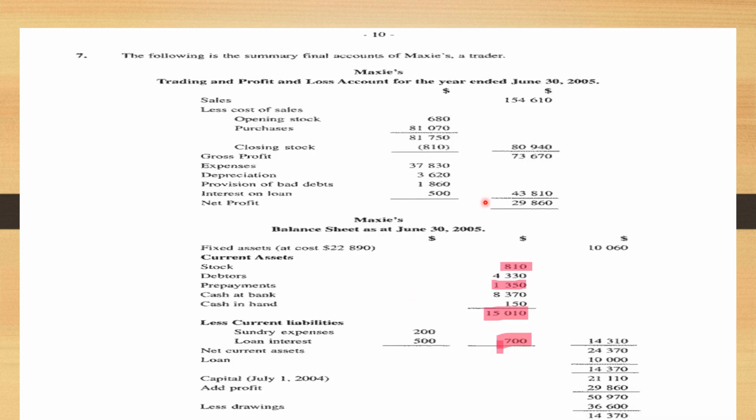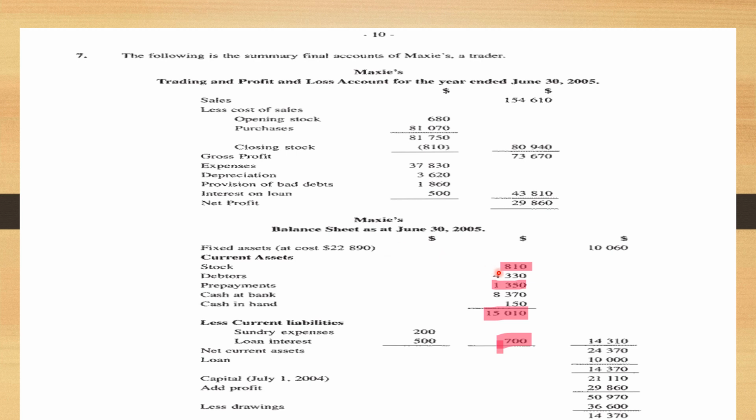The second ratio that we will calculate is called the acid test ratio. It is also called the quick ratio. Both the current ratio and the acid test ratio are liquidity ratios. So we pull again from the balance sheet, also called the statement of financial position.